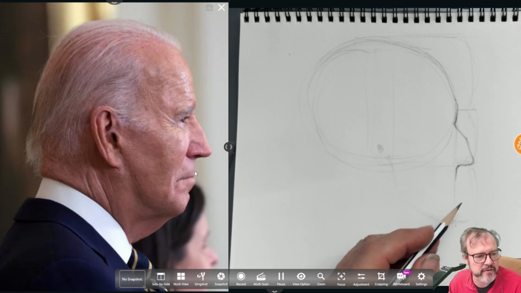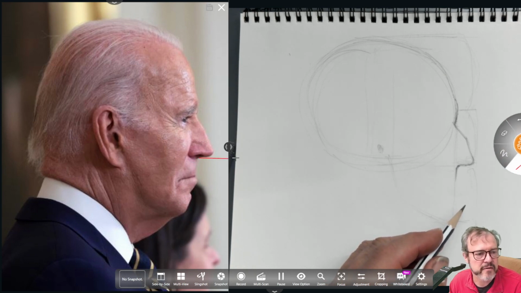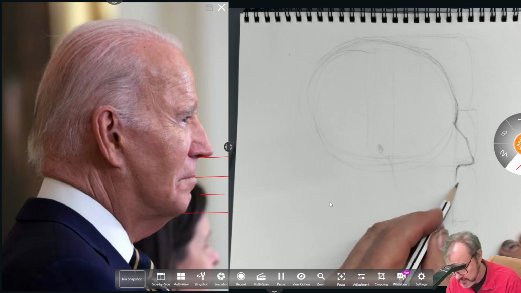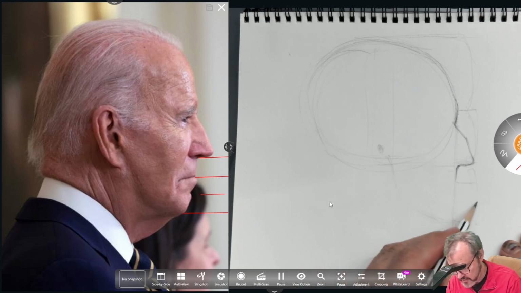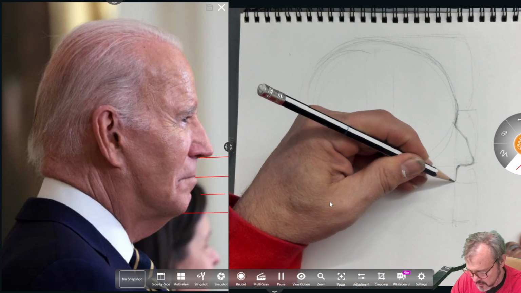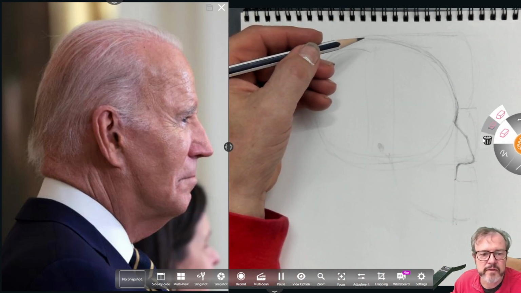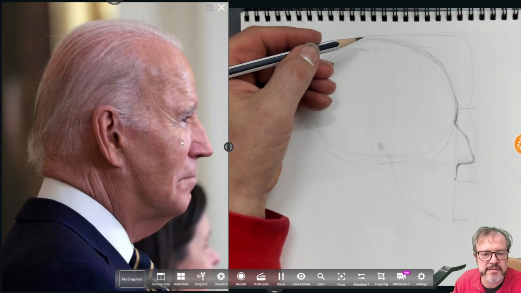His mouth is right where we expect to find it, which is, well, let me check. So this is about 1/3 of the way down, and then this is 2/3. So see what's happening? That's just what we expect. So let's mark 1/3 of the way down. His upper lip is virtually non-existent.